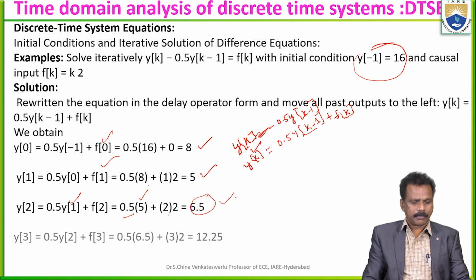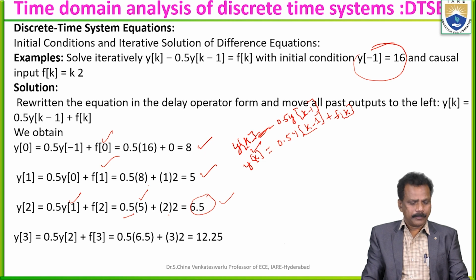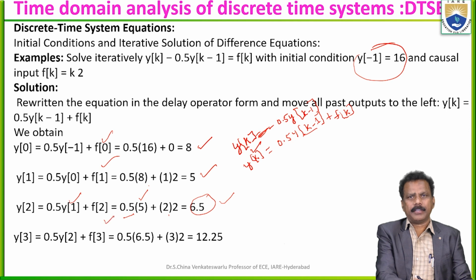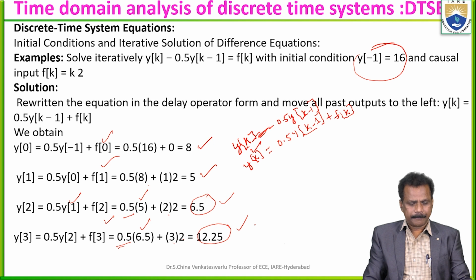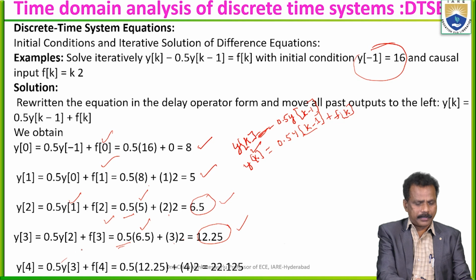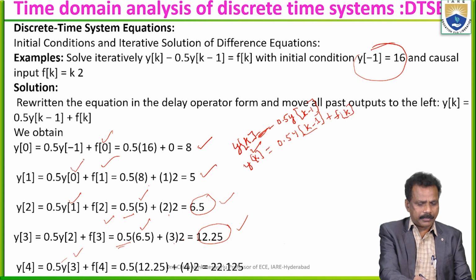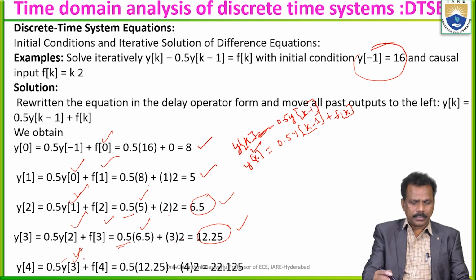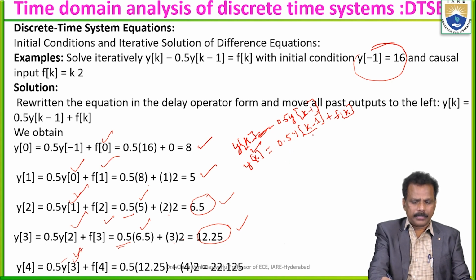Next, y of 3, same procedure: 0.5 y of 2 plus f of 3, which is 0.5 into 6.5 plus 3 into 2, 12.25. Then y of 4 is equal to 0.5 y of 3 plus f of 4, because the k value is substituted, k equal to 0, 1, 2, 3, and so on.